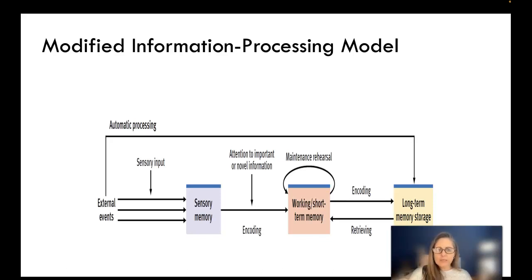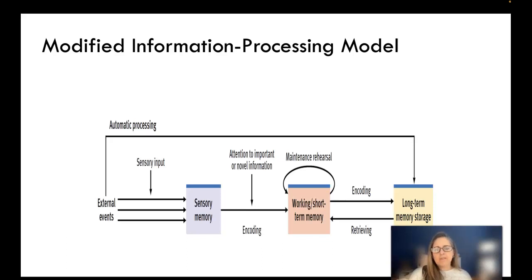Now, when you think about what's in our working memory, or again, the other term for it is short-term memory, some of that information we want to get into the third stage, or the third part, what we call long-term memory. And long-term memory is the more permanent storage place for information.